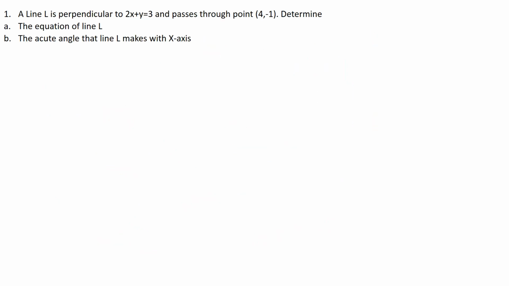In this question, we are told that L is perpendicular to the line 2x and passes through that point, and we are told to determine the equation of that line. First of all, we can put our equation in the form y is equal to mx plus c.